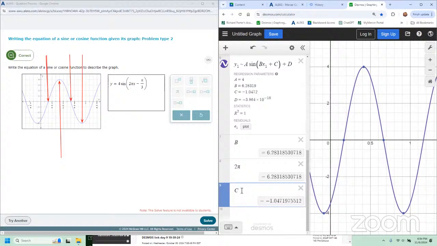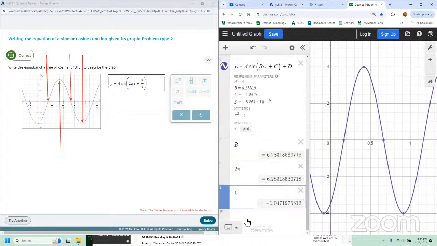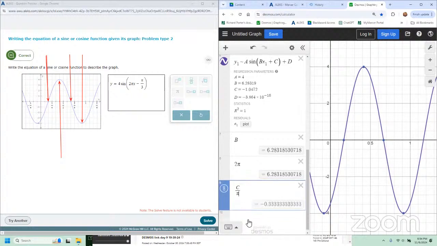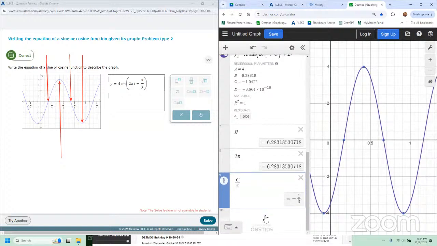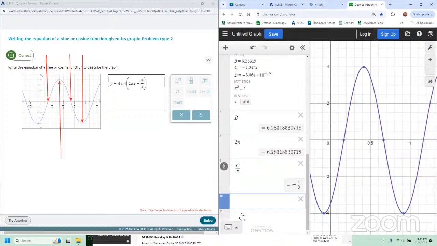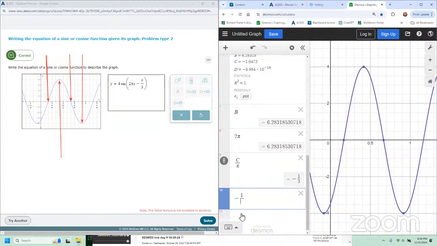That's the right C. C is minus 1.04. What am I going to do with it? Divide by pi. All right, so what number is that? I don't know, it's a long decimal, but I can click on that little circle. How about minus 1/3? So now what can I do with minus 1/3?